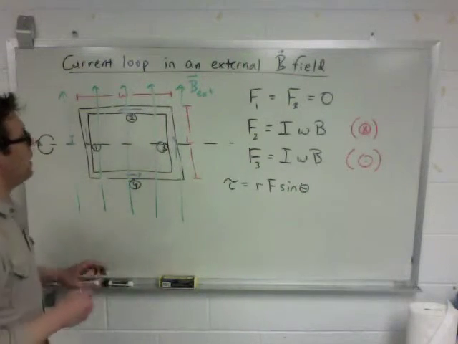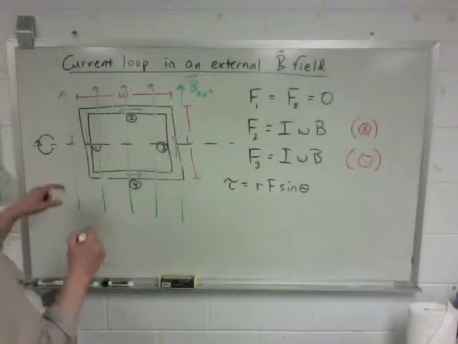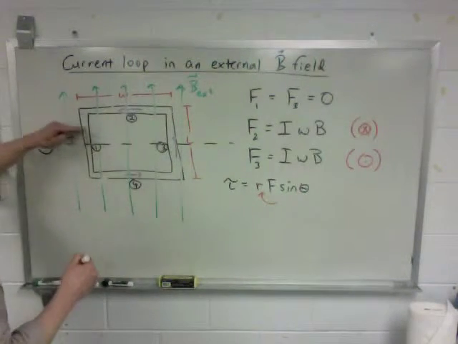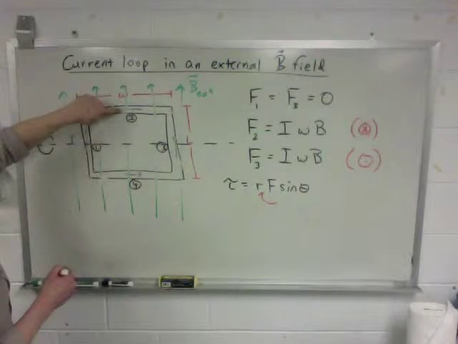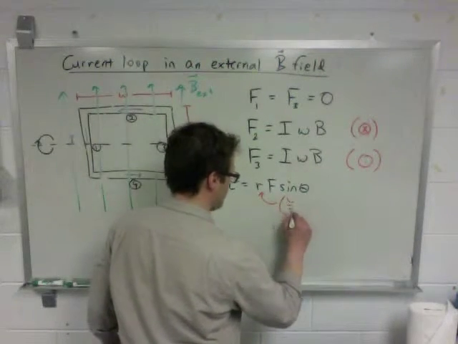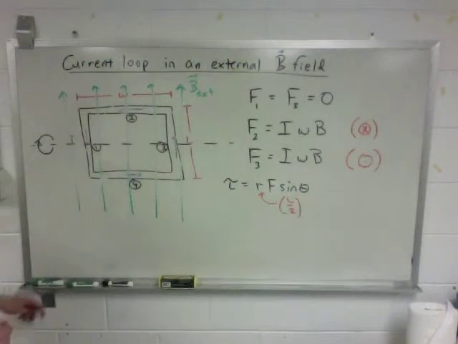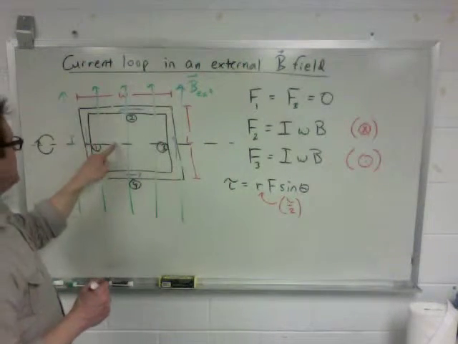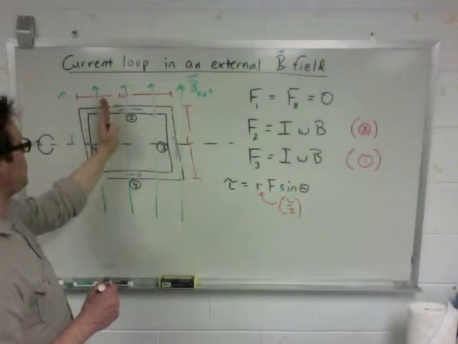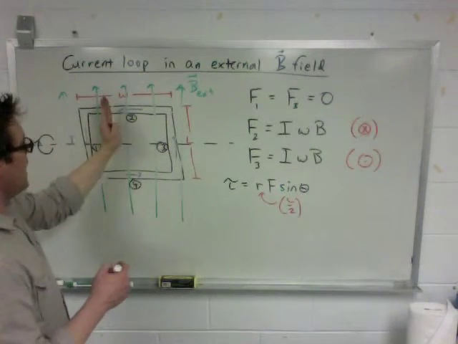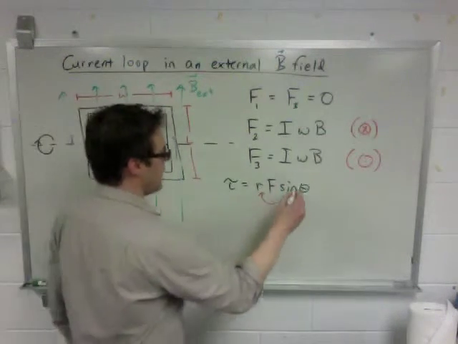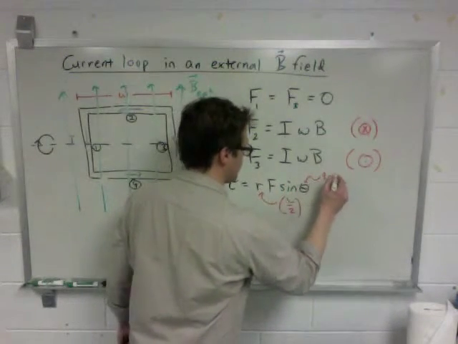Well, how would that work in this situation? R in this case would just be the distance between the rotation axis and wire 2, or wire 4, which is just L over 2. And since the distance between the rotation axis and wire 2 or 4 is up or down, and the force is either into the page or out of the page, this theta is once again 90 degrees.